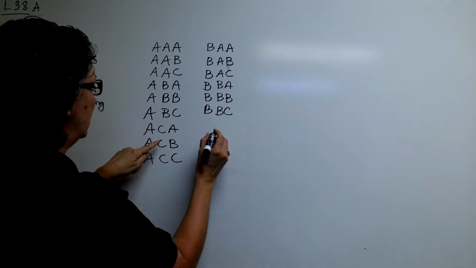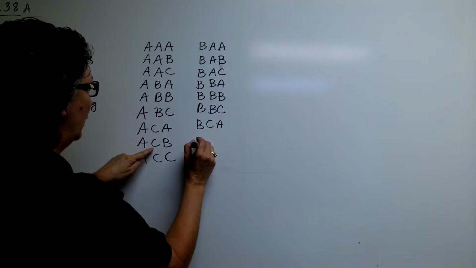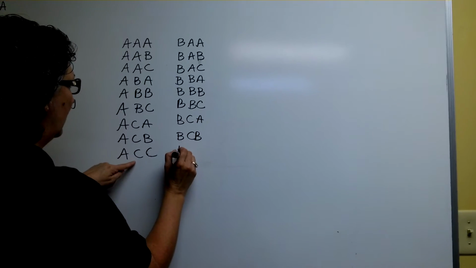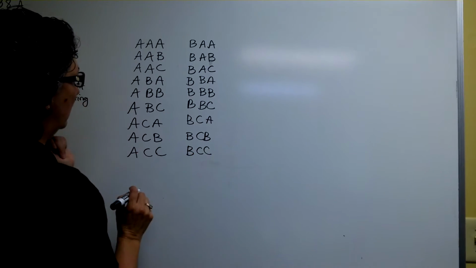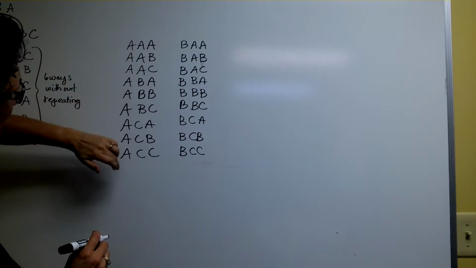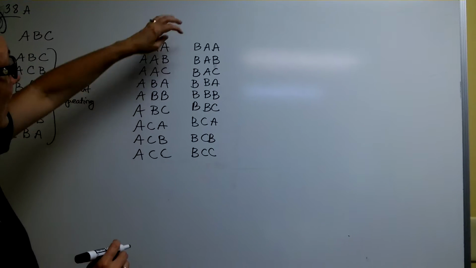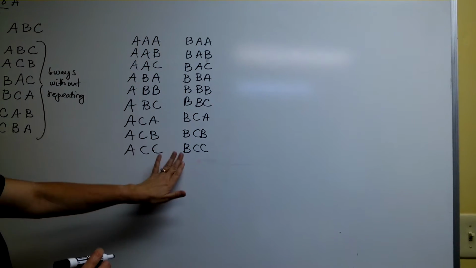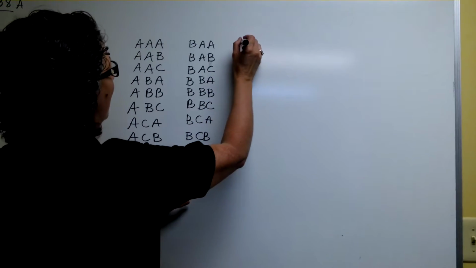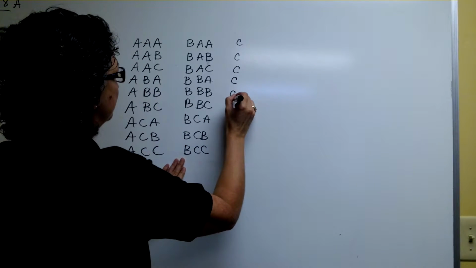We could have BC, BCA, BCB, BCC. So you now see I have 9 possibilities if the first one I answered A, 9 possibilities if the first one is a B, and 9 possibilities if my first one is a C.